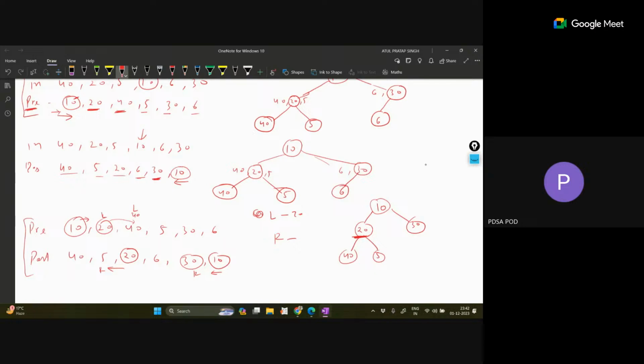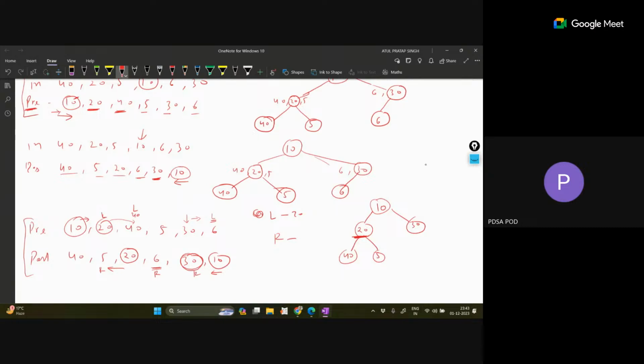So 30 is here. So what is the, yeah, in this case, this is the one problem with this. So you can see that for 30, what is the right side of this? 6. So this is representing the left child. And same here, what is the node before this 30? This is also 6. So this is representing R. If this L and R are representing the same value, that means these are pointing to the same node.